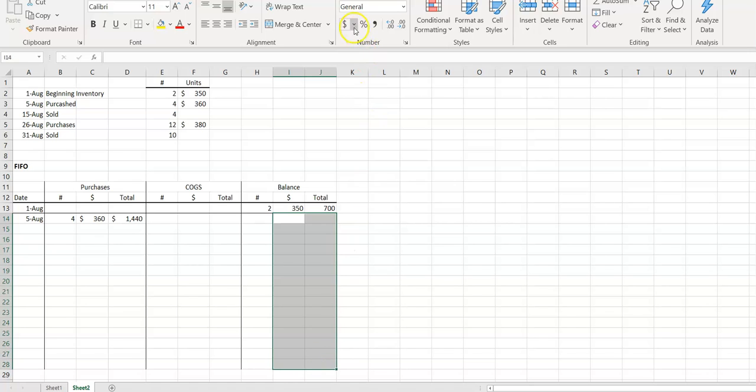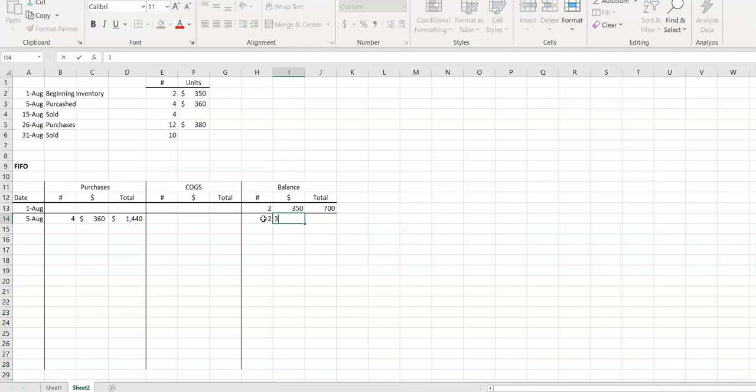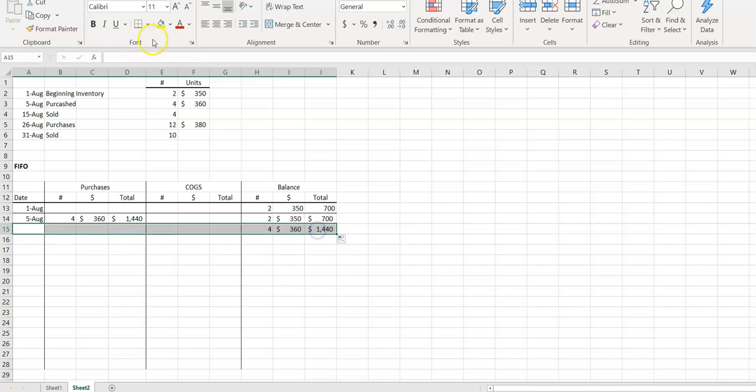So first, before you actually move the 4 units over, you need to bring the 2 down. And then add the 4. So everything needs to be kept separate. And then draw a line under all that.